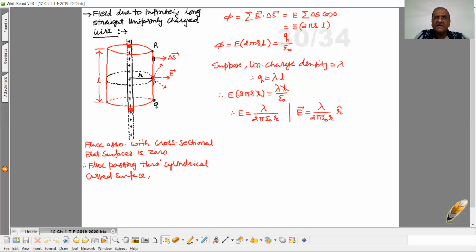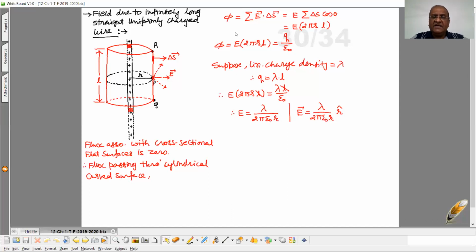Suppose here we consider an infinitesimally small surface element delta S on the cylindrical surface. Then its area vector will be radially outward, and the electric field is also radially outward, because our lambda is greater than 0.